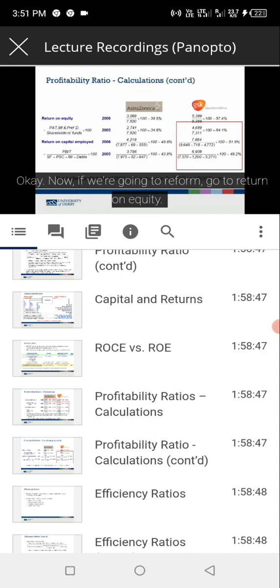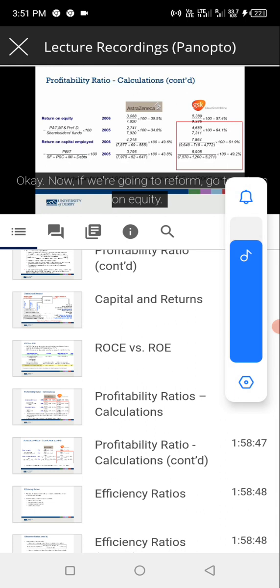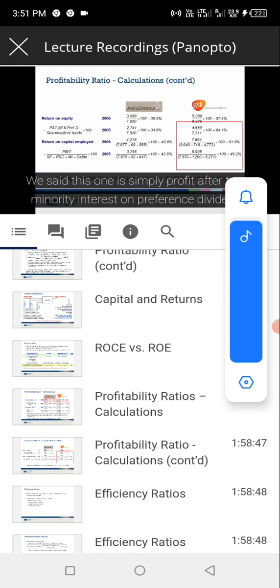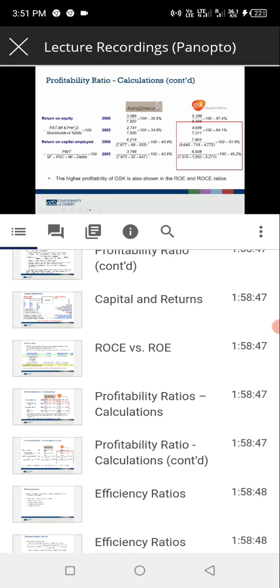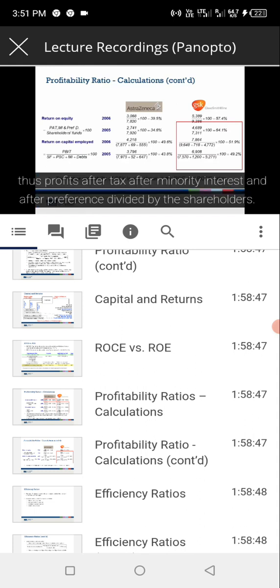Now, if we go to return on equity, we said this is simply profit after tax, minority interest and preference dividend, divided by the shareholders' fund. That's profits after tax, after minority interest, and after preference dividend.